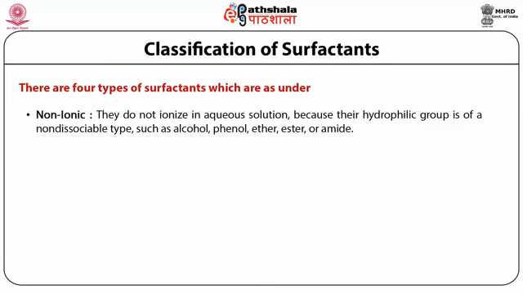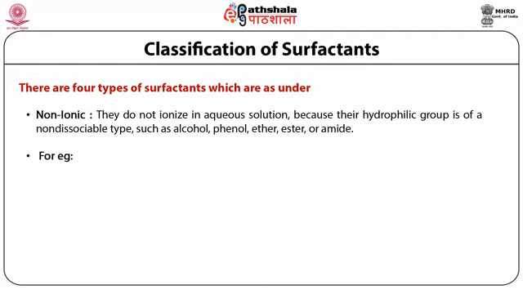Non-ionic is the third category of surfactants. They do not ionize in aqueous solutions because of their hydrophilic group, and this hydrophilic group is of the non-dissociable type, such as alcohol, phenol, ether, ester, or amide.